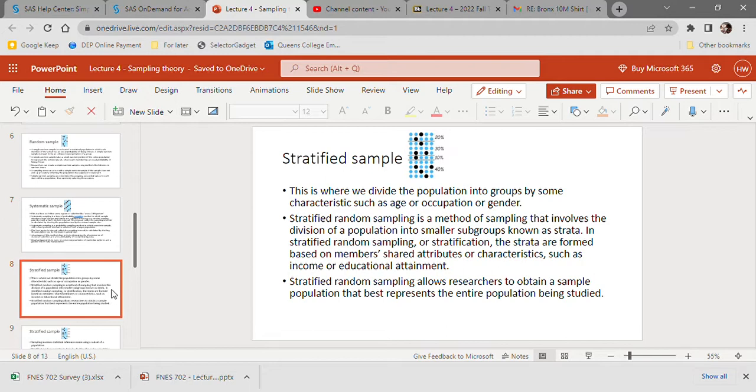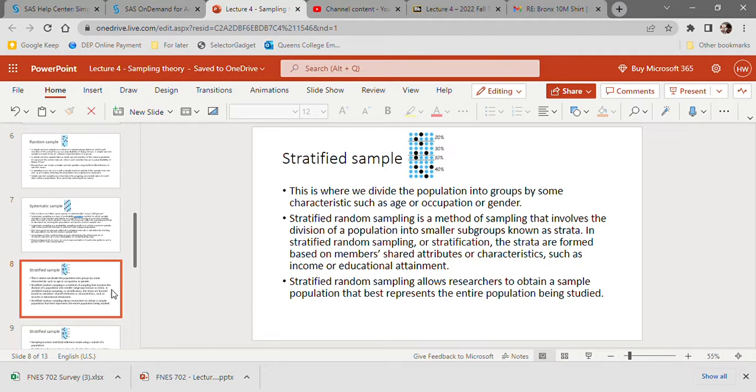Your gender, right? And what we do is we create a strata, and then we sample from the strata, right? So stratified random sampling is a method that involves the division of population into smaller subgroups known as strata.